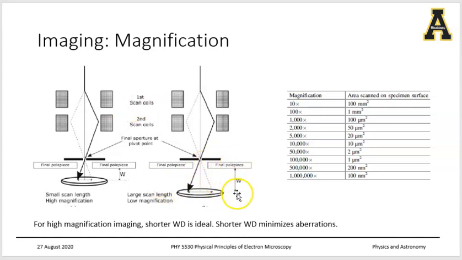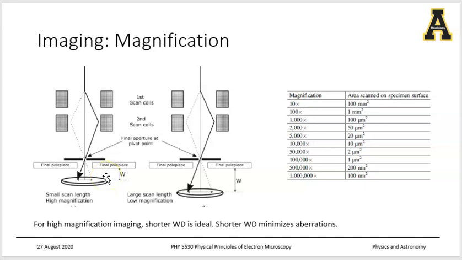If the working distance is higher, that is the case. So essentially for high magnification, what's ideal is a shorter working distance, and the shorter working distance also minimizes aberration. So you have higher quality, crisper images, right? Because minimal aberration means you have a smaller spot size.